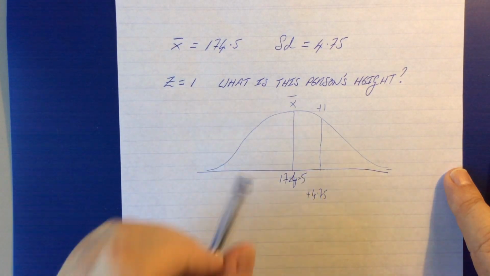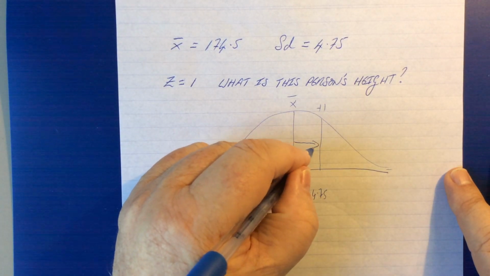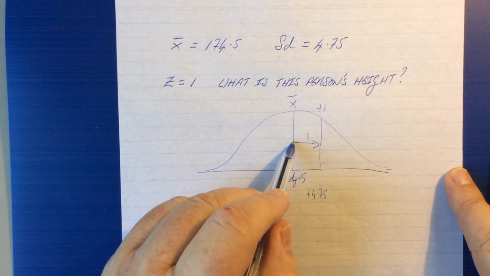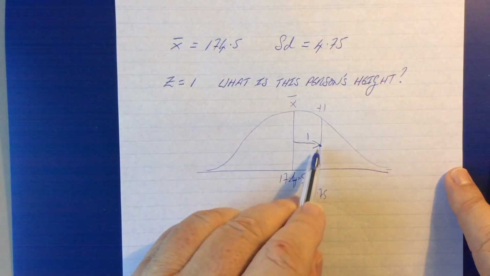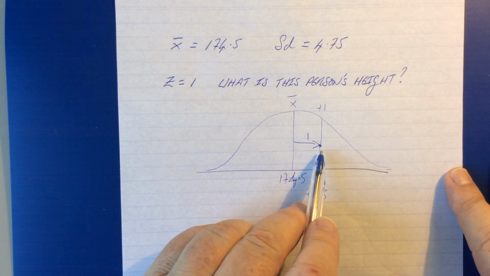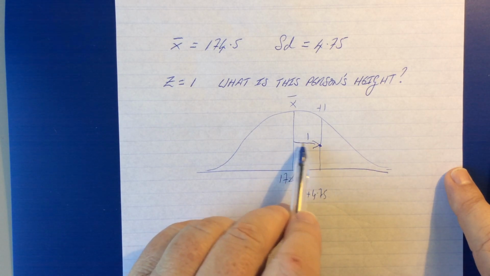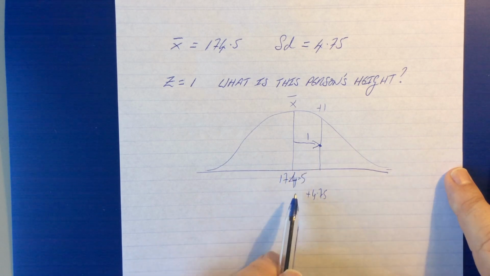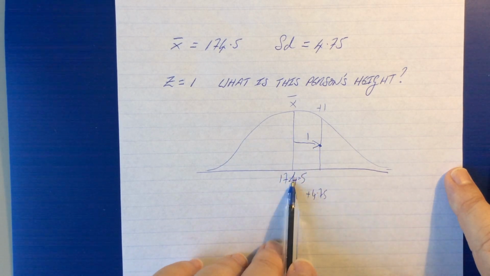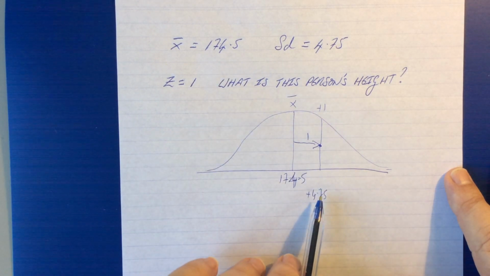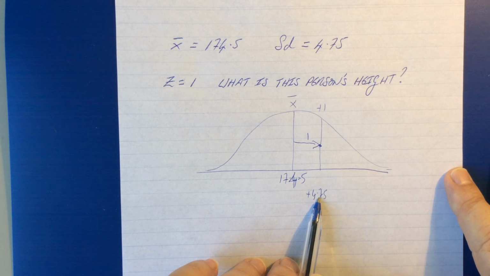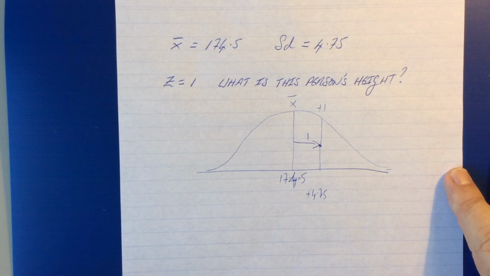So if they have a z-score of 1, that means that they are from here to here, which is our data point, if you will, it is 1 standard deviation. So in order to find their height, we just have to add this badly written number, which you see reproduced more visibly up here, and this number here. And that gives us our answer.